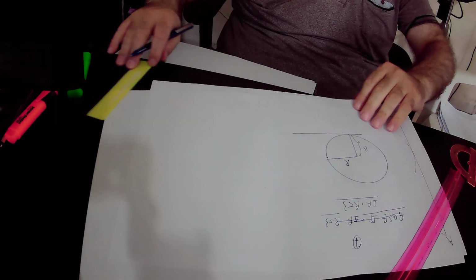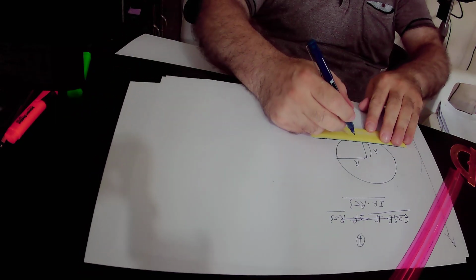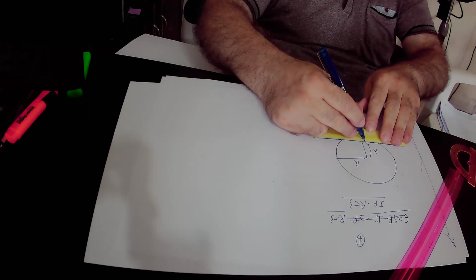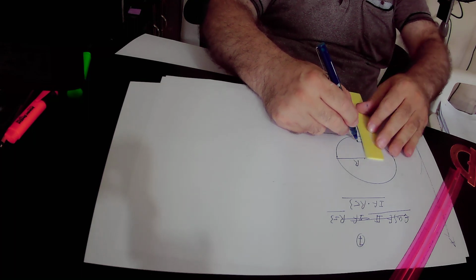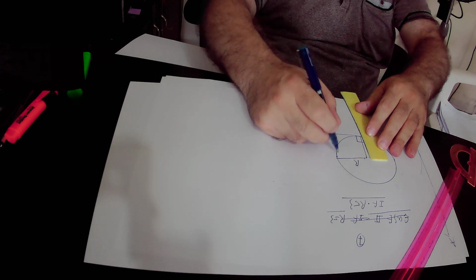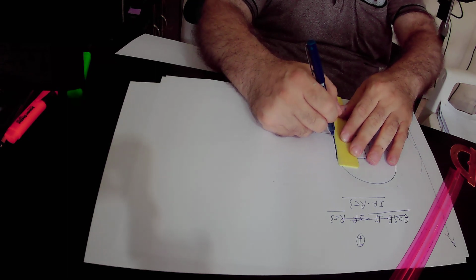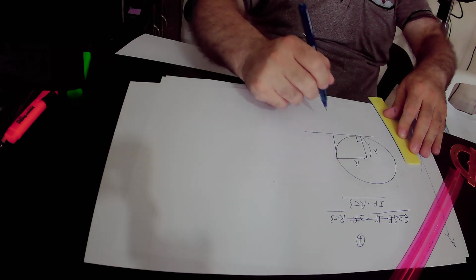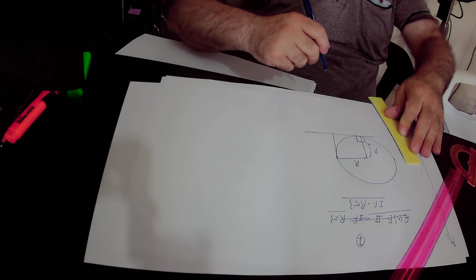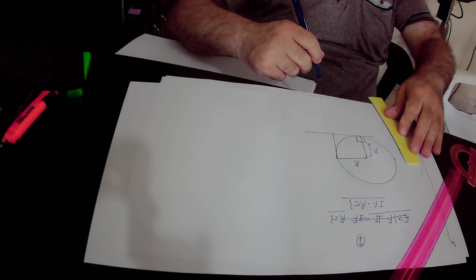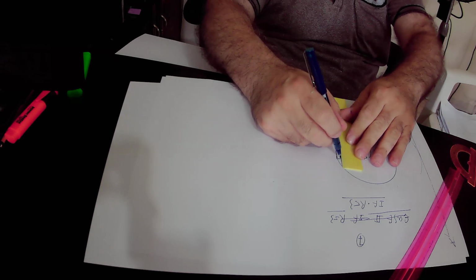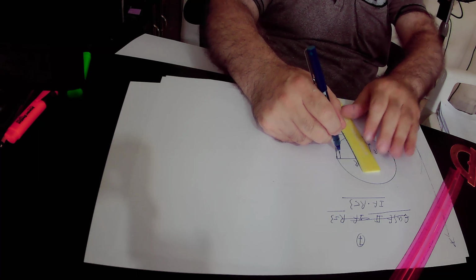And here, according to rule number 1, the angle here is 90 degrees. And here, according to rule number 1, this angle is also equal to 90 degrees.